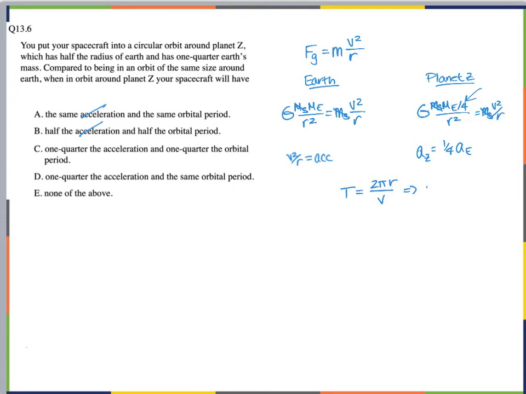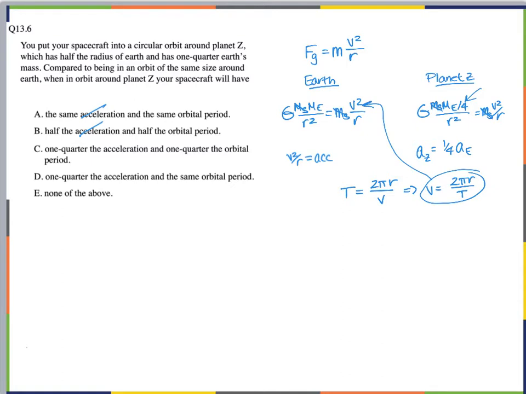We can rearrange this and write the speed as 2 pi r over the period. So we're going to put this expression in here for velocity, and this way we're going to see how the objects differ in their period.